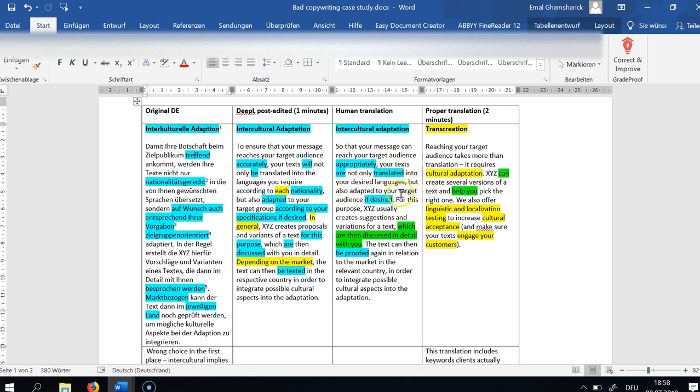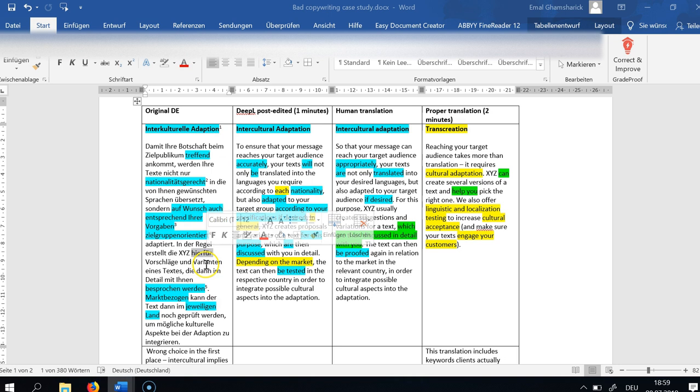They said adapted to your target audience. But they kept all these things like if desired. And here, for this purpose, is also an issue. This is a cohesive device because German eines Textes, die dann, hierfür.